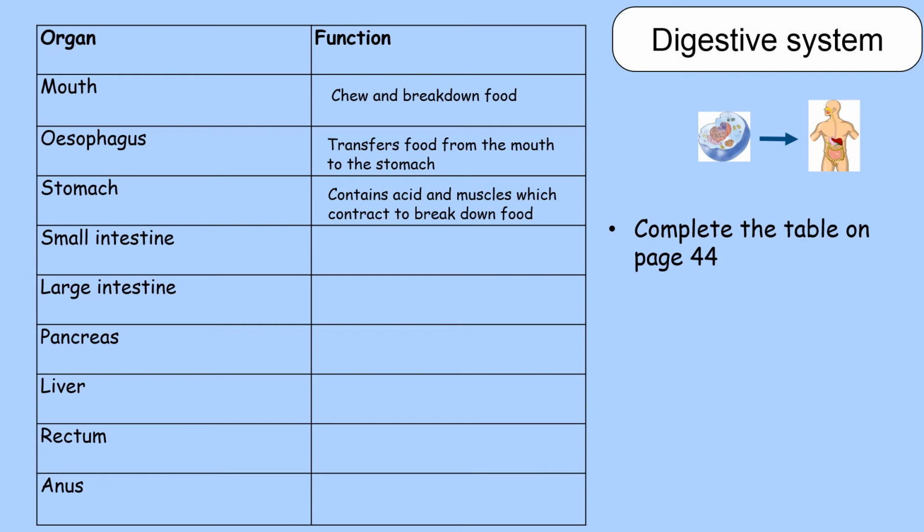Next up, from the stomach, it moves straight into the small intestine. And the small intestine absorbs the nutrients into the bloodstream.